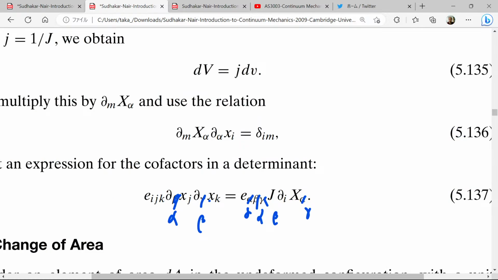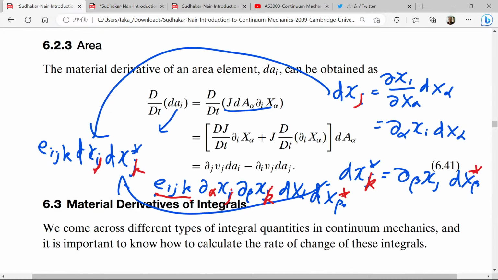We just change beta to alpha, gamma to beta, alpha to gamma. This is fine. ijk alpha j beta k.